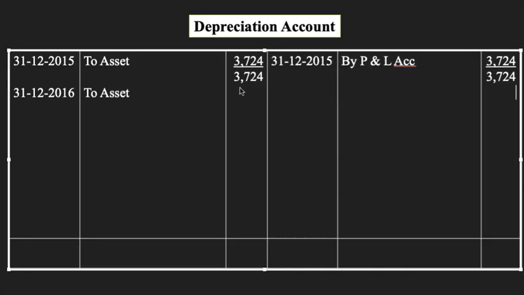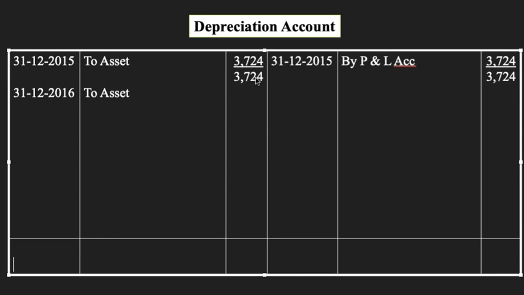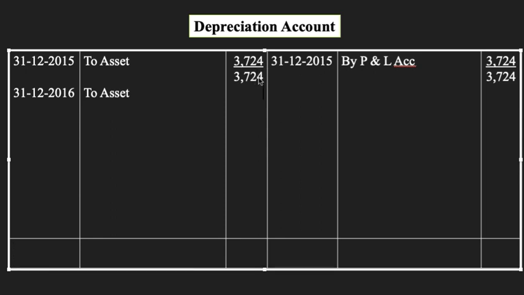So here we are going to tally the balances on the debit and credit side. It's 3724 and 3724. Now here we have two asset. How much is that? 3352. So we are going to write down the same value here. Right.